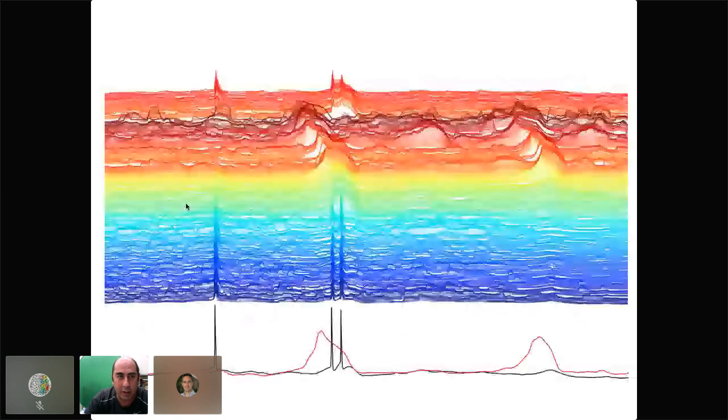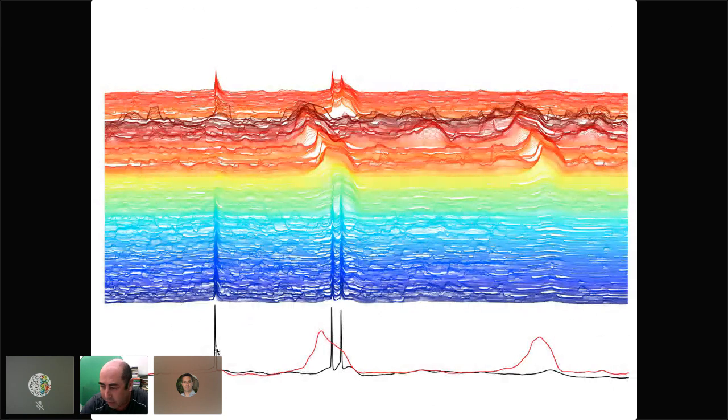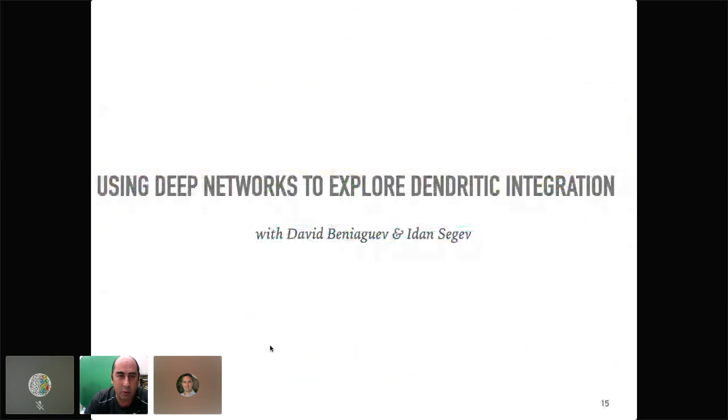So if we have an input to this neuron and we have the output, maybe the deep neural network can find the mapping, and then at least we'll have an alternative to the compartmental model. Maybe it will be useful and maybe not, but we were trying to see if it can actually work.